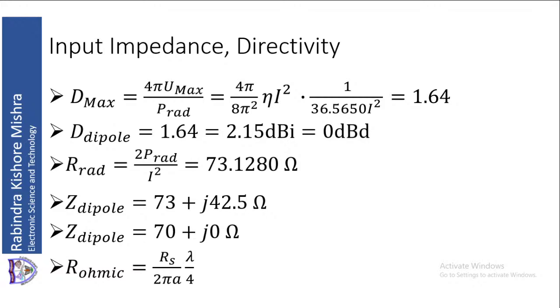Rs is the resistivity, and a is the radius of the arm. So 2 pi a gives you the perimeter of the arm. Lambda by 4 actually gives you L, the length of the arm. So Rs by perimeter into L. In that form R ohmic comes.